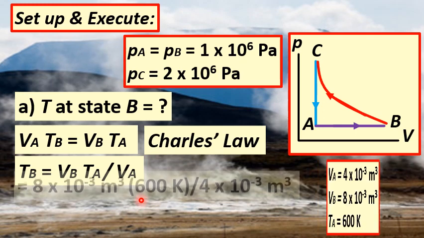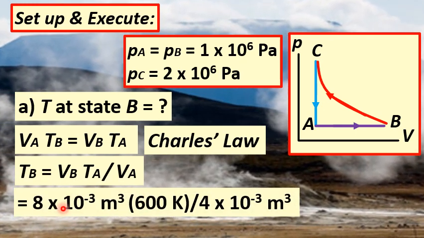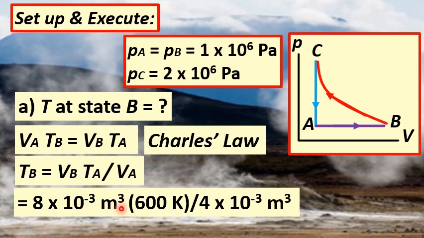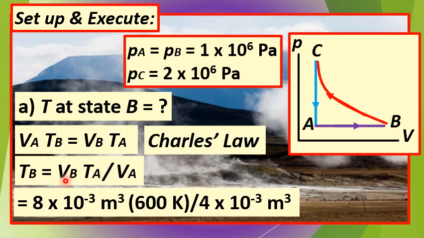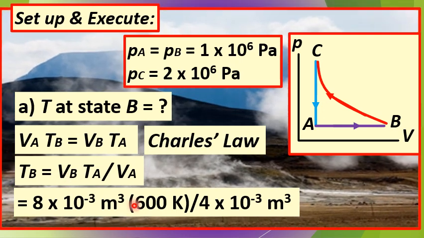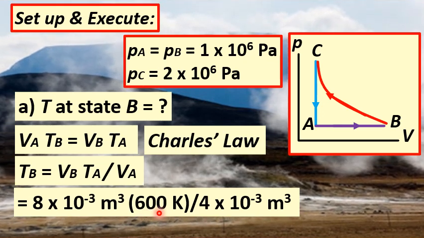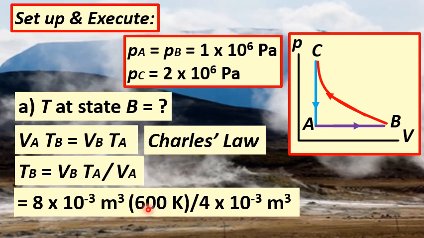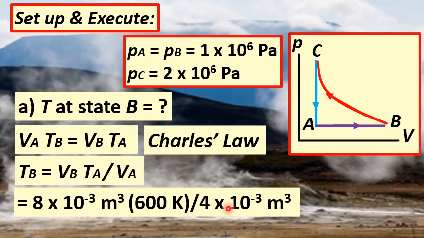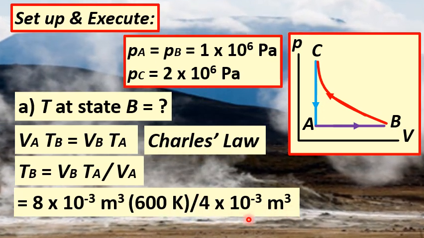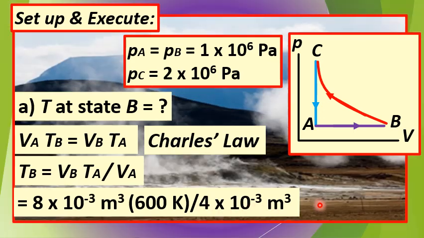So that when we substitute, we have 8 times 10 to the negative 3 meter cube. That's the value of the volume V sub B multiplied by the initial temperature T sub A, which is 600 Kelvin, and then to be divided by the initial volume V sub A, 4 times 10 to the negative 3 meter cube.